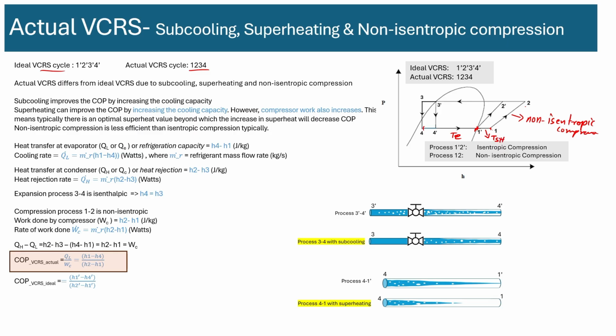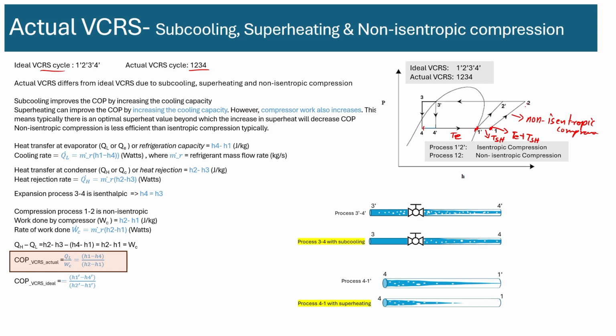It increases, and at point 1, the temperature is basically TE plus T superheat. Okay, T1 is TE plus T superheat. So it's superheated vapor. It's all vapor. And then with non-isentropic compression, you get to point 2. This compression includes losses due to friction and the speed of the compressor, which creates irreversibility, right?